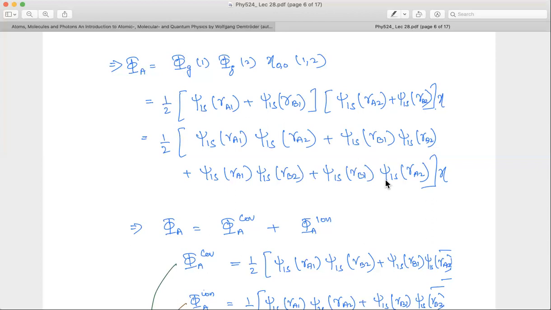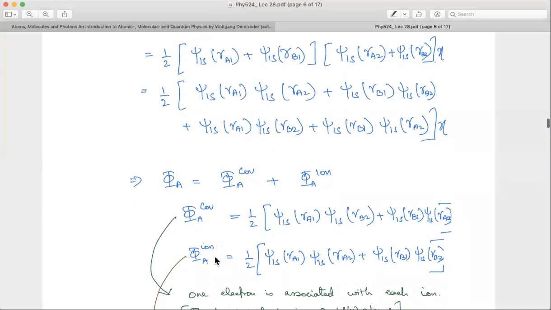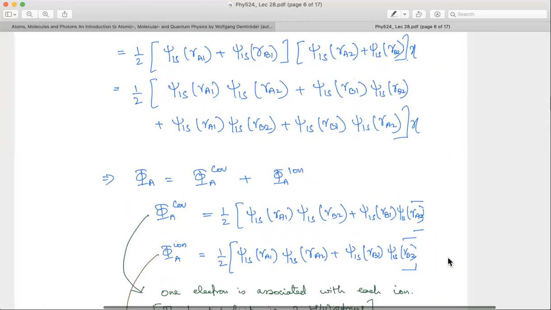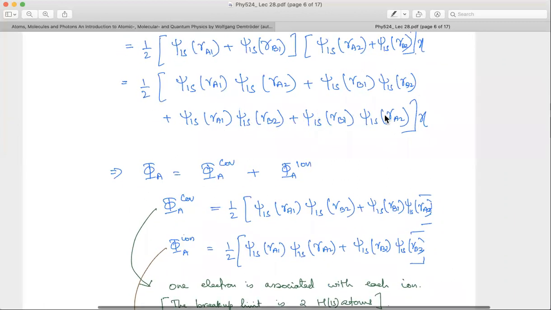The first two terms, let's name them ionic: phi A ion, which is 1 by root 2, psi 1s RA1 psi 1s RA2 plus psi 1s RB1 psi 1s RB2. The second two terms, where the electrons are attached to different nuclei, we will call covalent.